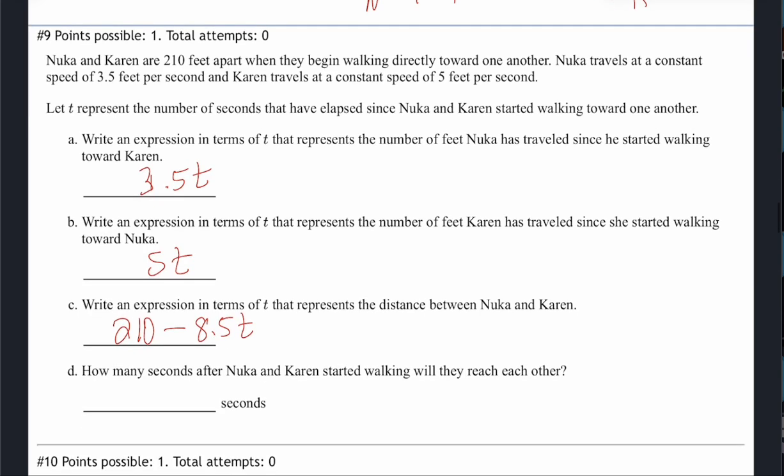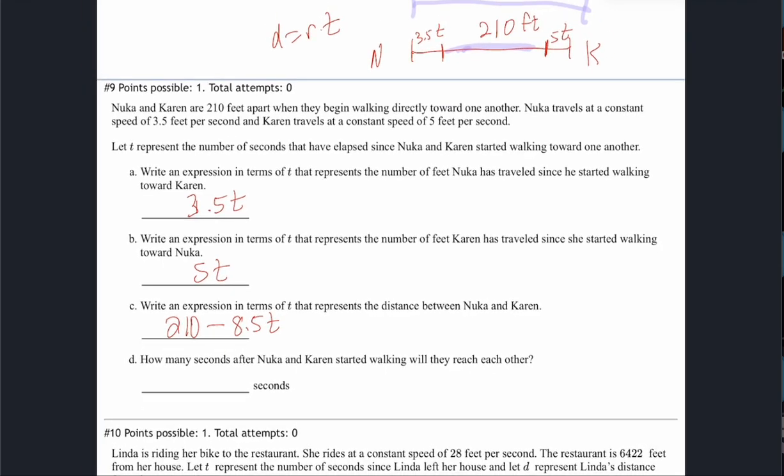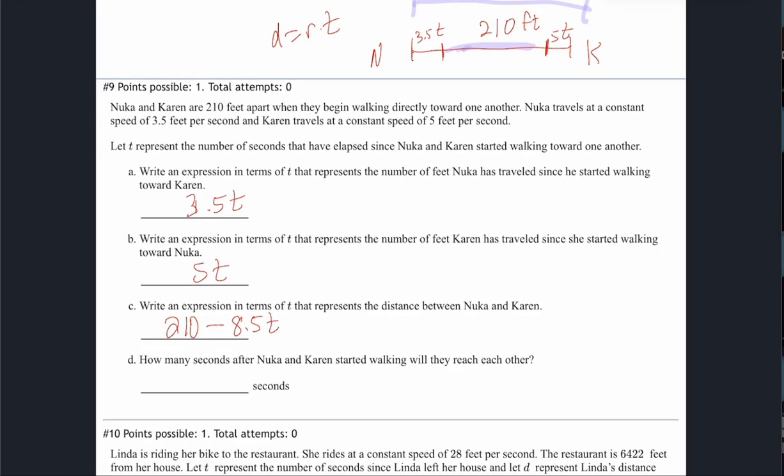And how many seconds will they reach each other? Well, we want that distance between them, that expression we see here, to be nothing. So just take 210 minus 8.5t and say, I want that distance to be nothing, and solve for t.